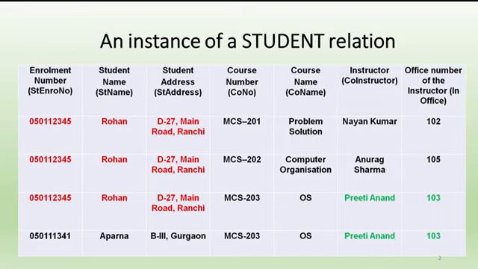When we are talking about a student database, normally these are the things which we refer to: a student has an enrollment number, a name, and an address, and we have clubbed address into one field only, although there can be multiple fields as far as address is concerned. Then a student will enroll for some particular course, and that course will have some name.